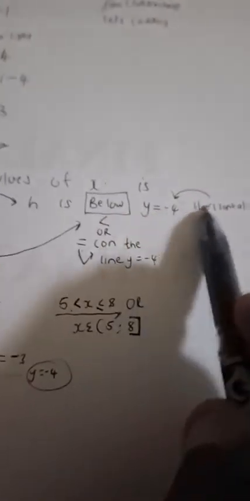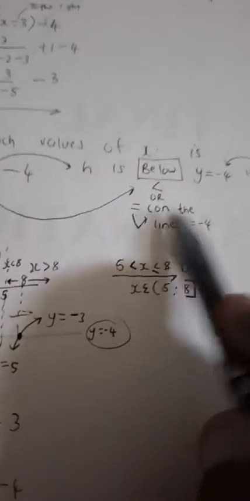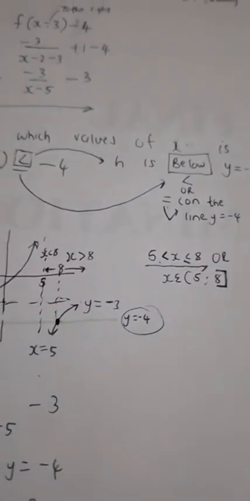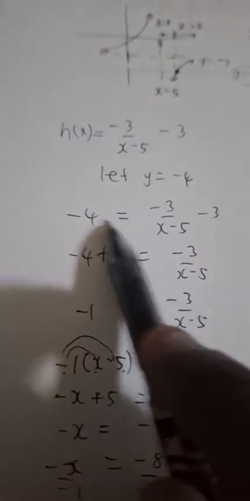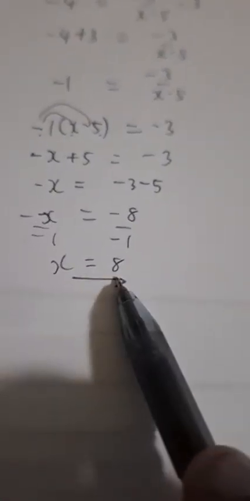This is an output for y. So below the line y is equal to -4. Where is h below the line y is equal to -4? Equal, where is the very same function on the line y is equal to -4? Hence you found me substituting y is equal to -4 for the function, so that I can get the corresponding x value, which is 8.